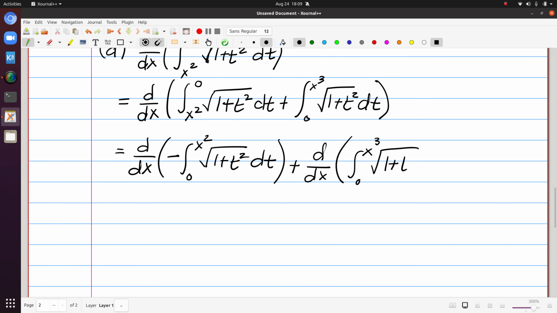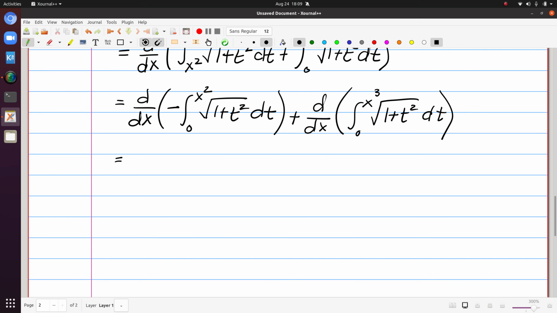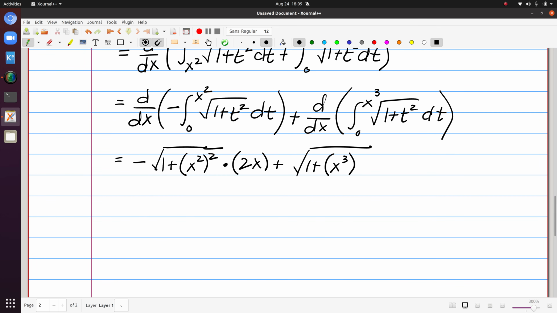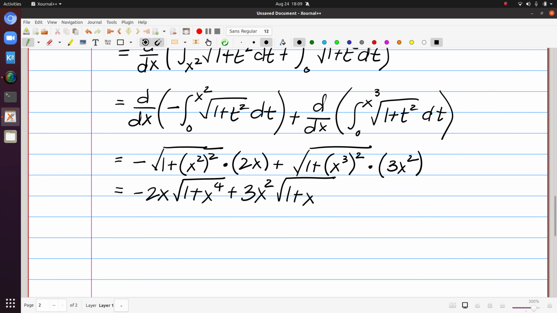And in our final step here, we want to make use of the chain rule, much like we did in part C. So this should give me minus the square root of 1 plus the function x squared all squared times the derivative of x squared plus the square root of 1 plus x cubed squared times the derivative of x cubed. So putting that all together, we get minus 2x, square root of 1 plus x to the 4th, plus 3x squared times the square root of 1 plus x to the 6th.